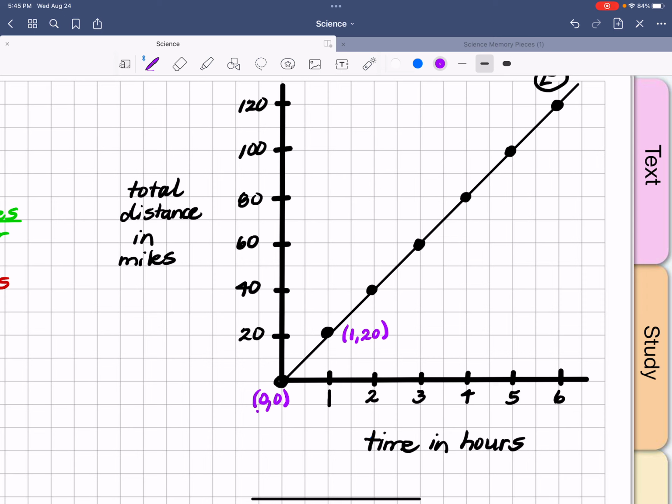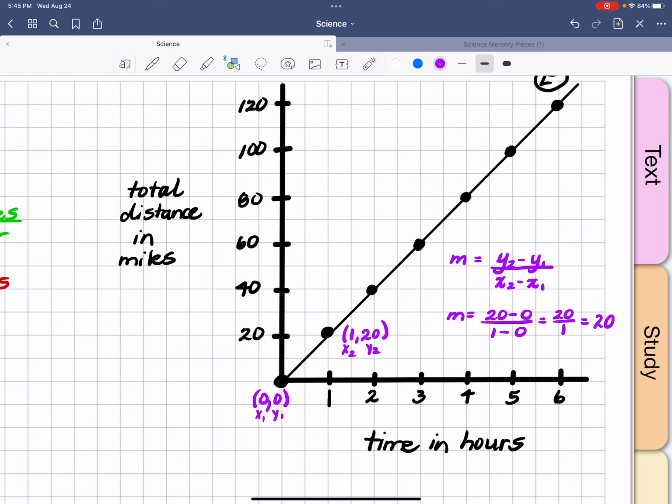So I'm going to call this x1, y1, x2, y2. And here's the slope formula. Rise over run. One minus 0 equals 20 over 1, or 20. Now I want you to notice something here.